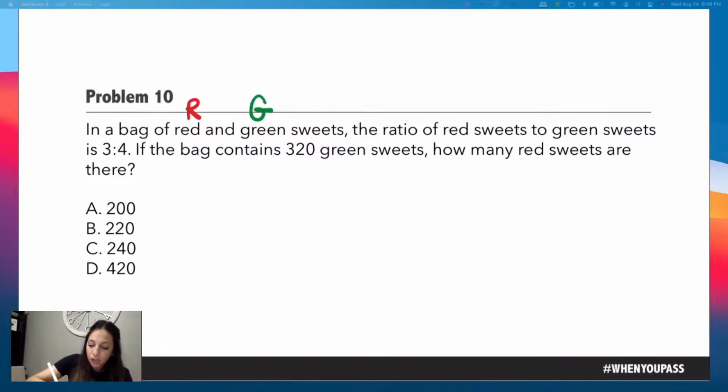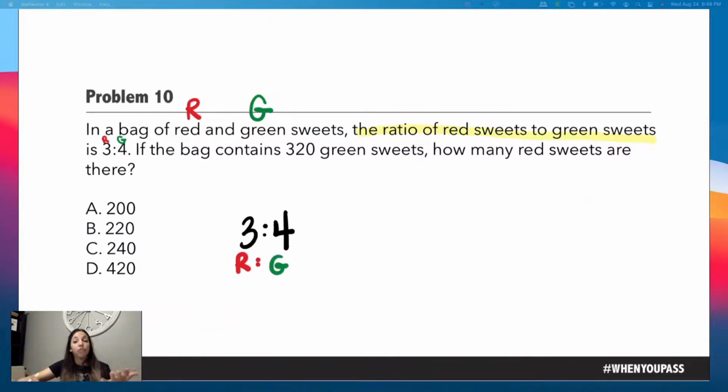The ratio of red to green sweets is 3:4. Now, how do I know that the ratio is red to green and not green to red? In other words, how do I know that this is the red and that this is the green?